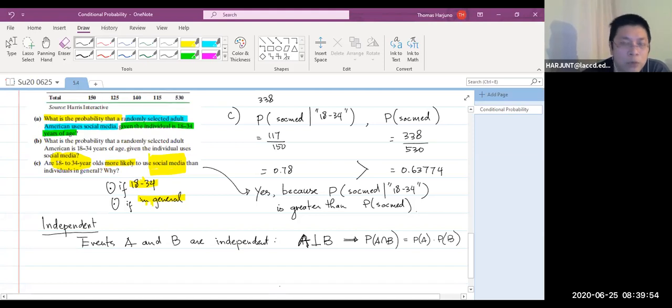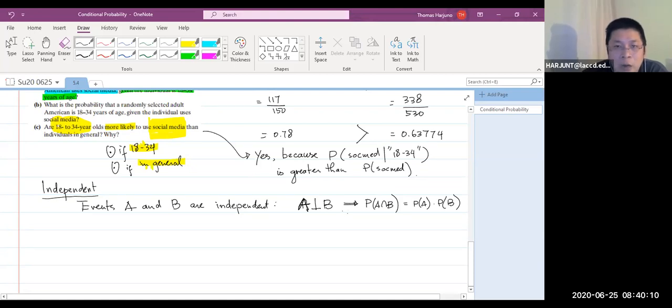Okay, so one way to check if two events are independent is to check the intersection. Is it equal to the product of the probabilities of each event? That's one way. But another way to check is that the probability of A given B should equal the probability of A. Basically, we are saying that knowing B happened, what is the probability of A?